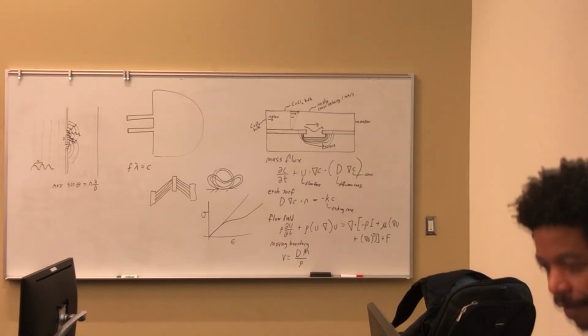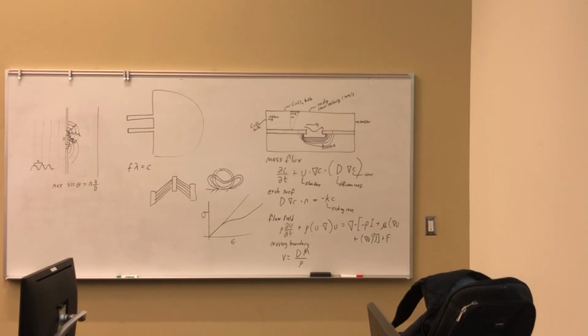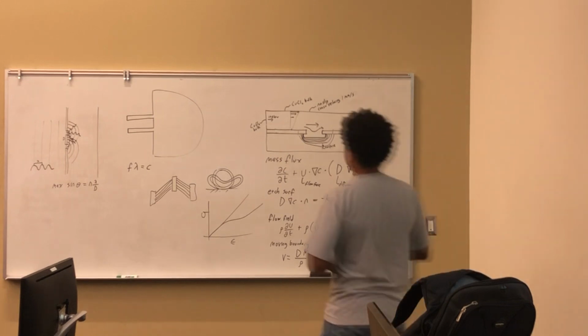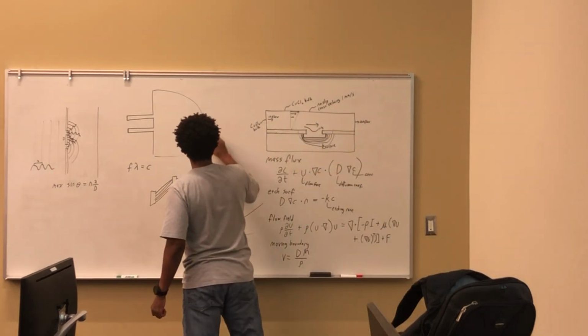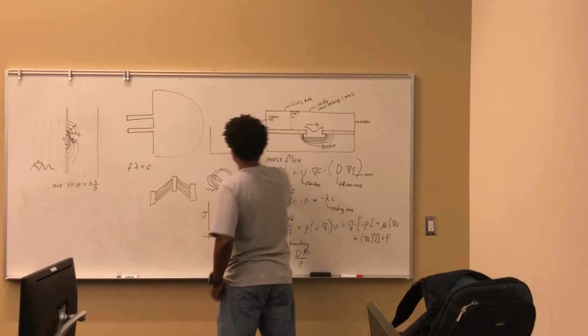Okay, so every type of molecule has its own fingerprint, its own type of spectra that it gives out. And what I mean by spectra, for those of you who are unfamiliar with that, is like, this is frequency right here.